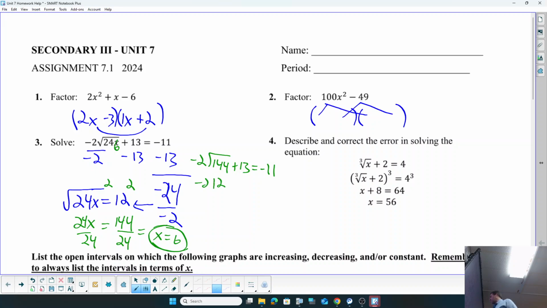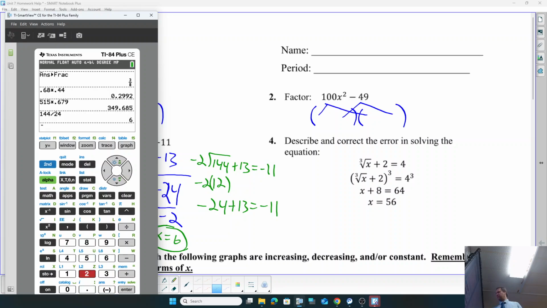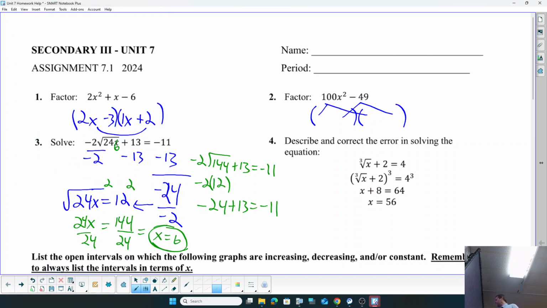So we have negative 2 times 12 is negative 24 plus 13. And what is negative 24 plus 13? Should be negative 11. It works. So positive 6 is our answer there.